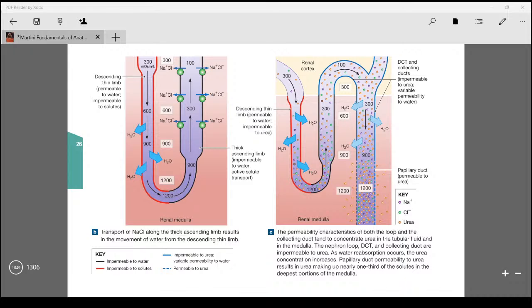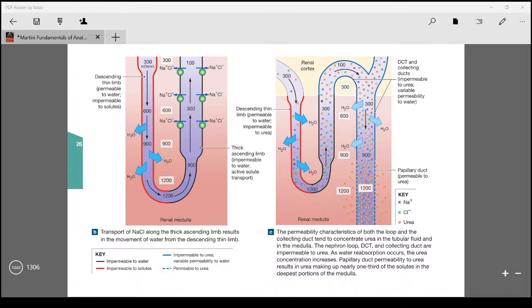So the descending limb is permeable to water but relatively impermeable to solutes, whereas the thick ascending limb is relatively impermeable to both water and solutes, but contains active transport mechanisms that pump sodium and chloride ions from the tubular fluid into the peritubular fluid of the medulla.